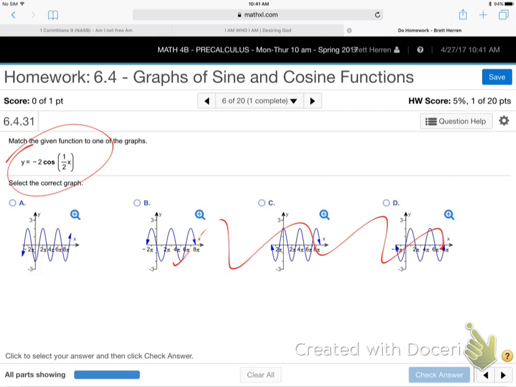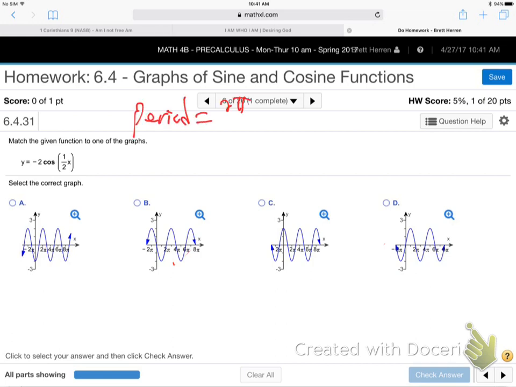So let's do it. How do you graph? Well, the first thing is to get the period. What's the period? 2 pi over omega. So 2 pi over a half. Flip it up. 2 pi times 2 over 1. 4 pi.